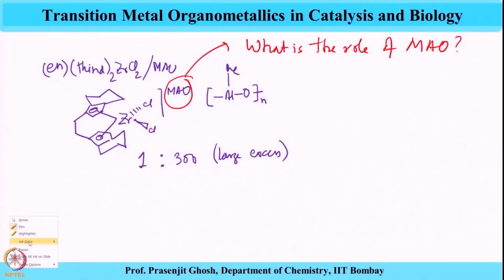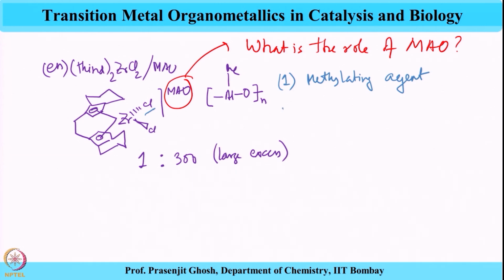The answer is that MAO has three functions. MAO acts as a methylating agent. That means that these halides get replaced by methyl, so it converts zirconium halides to zirconium methyls.